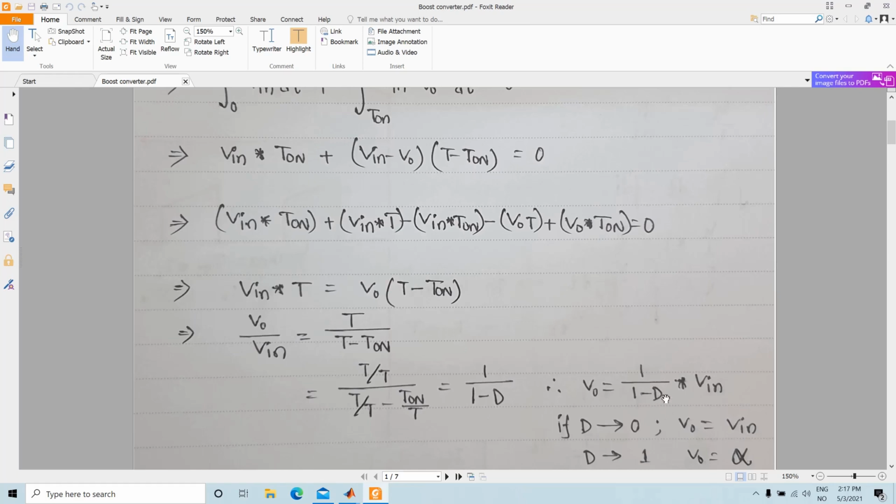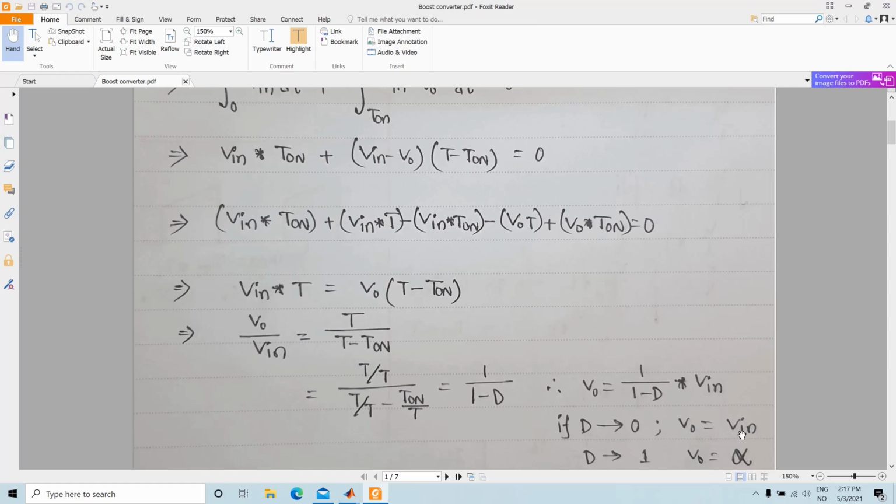However, when this duty cycle value increases and approaches 1, at that time our denominator value becomes smaller. As a result, the output voltage becomes higher and higher, and as the denominator approaches 0, V out will approach infinity.